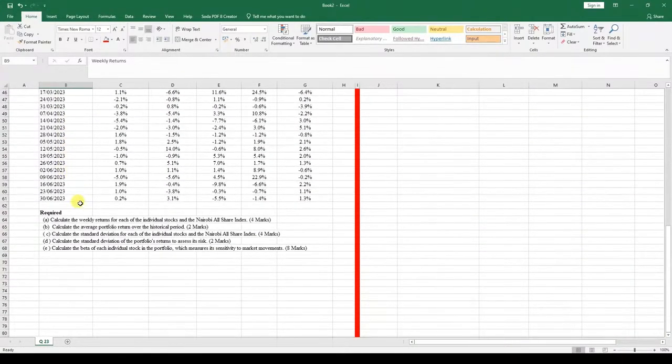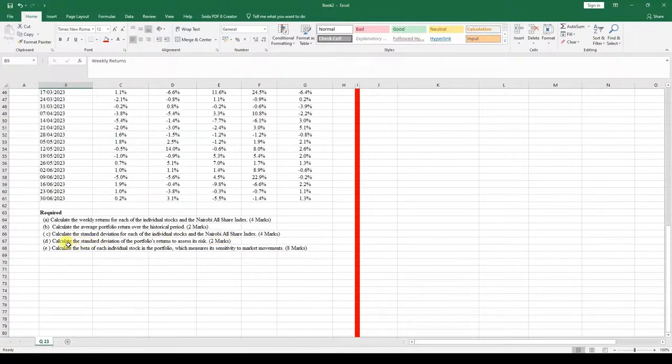Now, you are required to calculate the weekly returns for each of the individual stocks and the Nairobi All Share Index, calculate the average portfolio return for the historical period. You're told to calculate the standard deviation for each of the individual stocks and the Nairobi All Share Index.